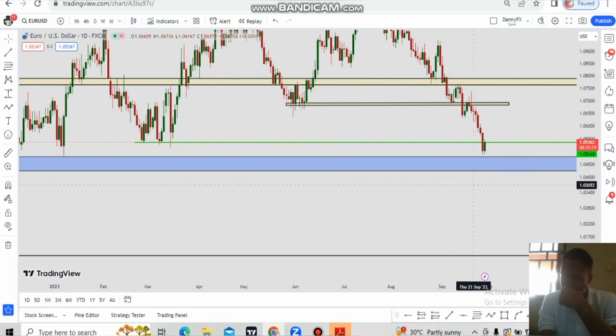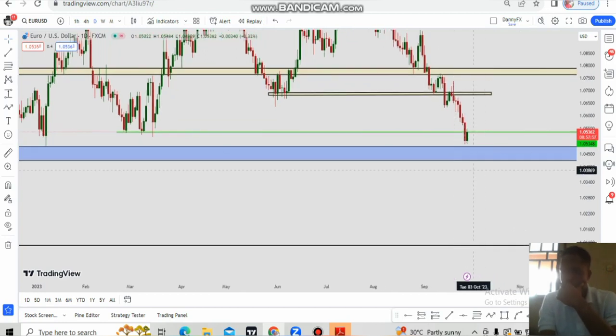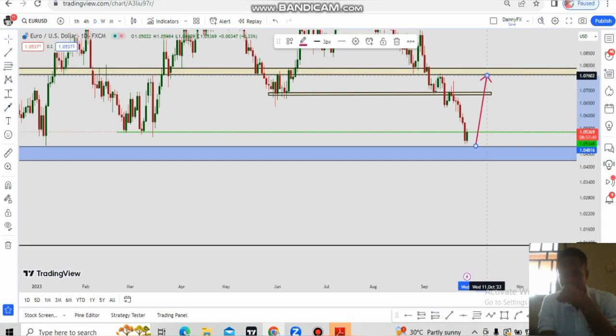Euro USD might likely break out from this zone. Or if it does not do that, what it's going to do is come to this place, get to this level, bounce up to this level, and move to the downside.